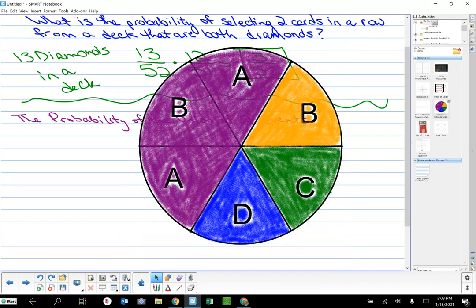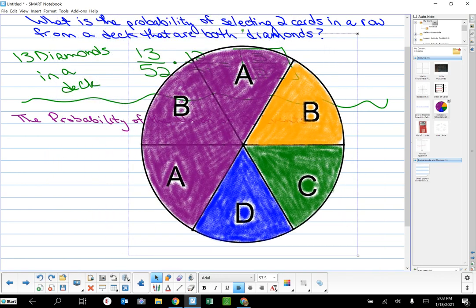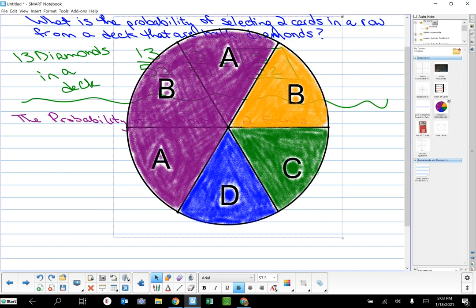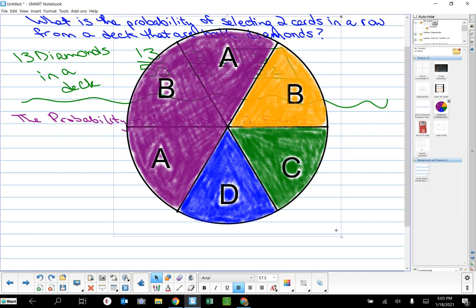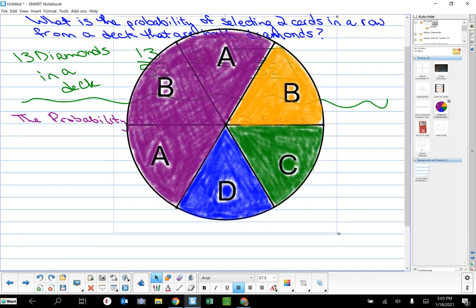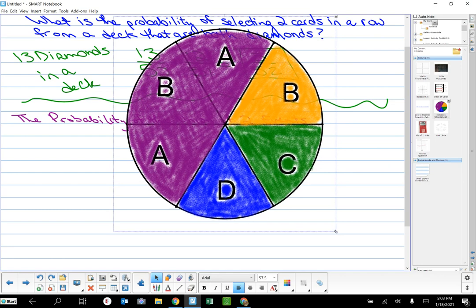I think I just ungrouped a whole bunch of things that I don't want to ungroup. Okay. That needs to be littler. Pictures never work as well as they're supposed to.